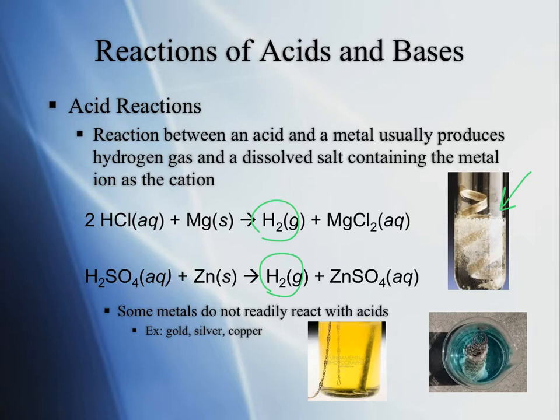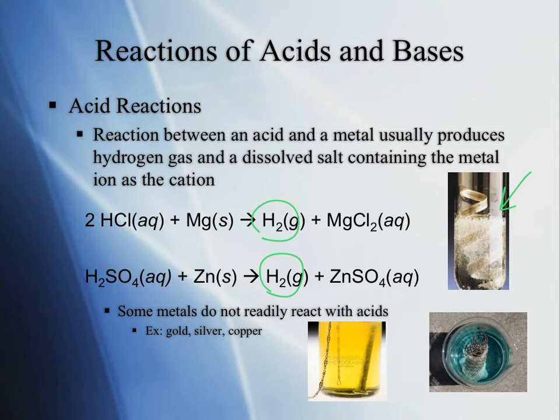And if you remember, either in this year or in regular chemistry, we put a cap on it and built up that hydrogen gas in the test tube. We took it off, lit a match, and you heard a pop, right? Because hydrogen gas is very flammable. So it reacts with oxygen.